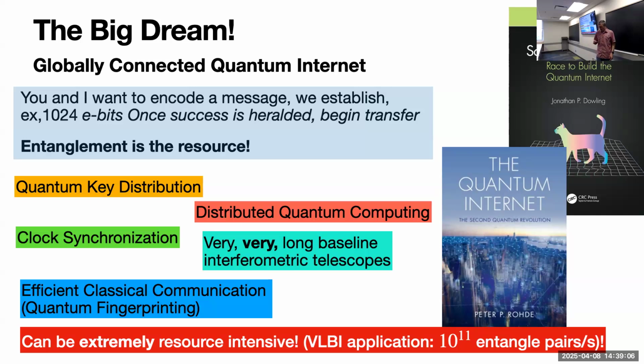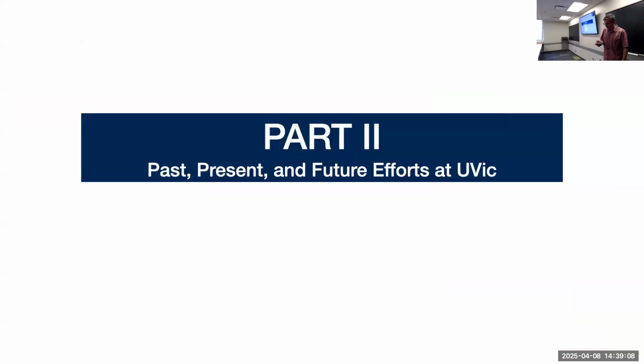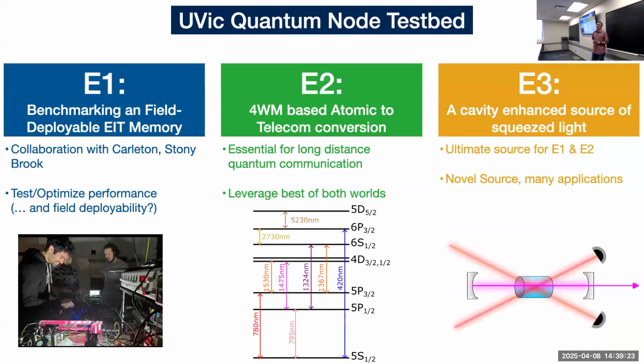Okay, so now that we've possibly motivated the work to contribute toward this quantum internet, I just want to spend the second part of the talk talking about what we're actually doing to make it. We have 3 projects on the go, all related to this, hopefully putting some of the pieces of the puzzle together.